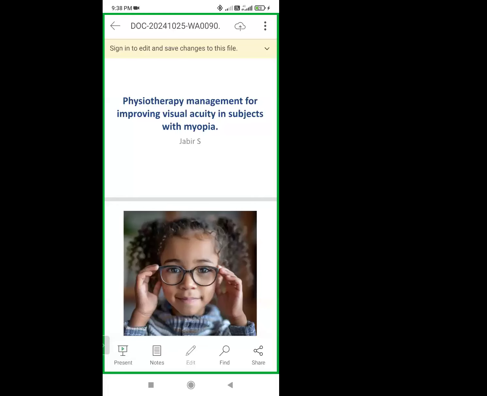What I have to say initially is, as physiotherapists, we, the physio community, have always centered our focus on common conditions such as osteoarthritis, disc bulge, stroke, etc. But I think it's high time for us to focus our attention on unique conditions such as myopia and presbyopia.